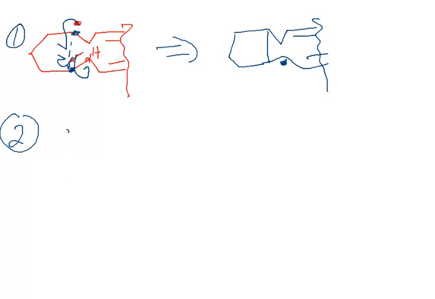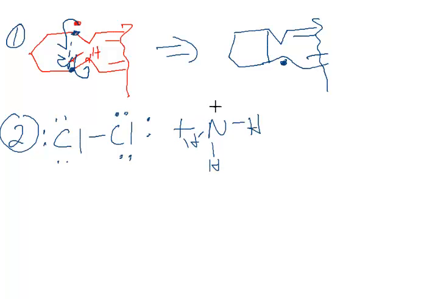If you had chlorine, and we know chlorine is diatomic, so it has its octet, its lone pairs here. If we were reacting that with ammonia, and if the question was, how do you show with curved arrows the formation of this product?